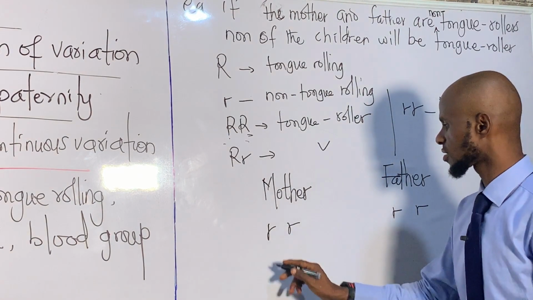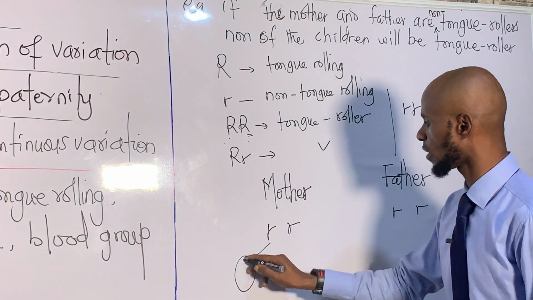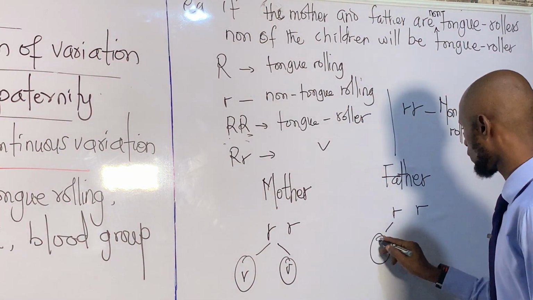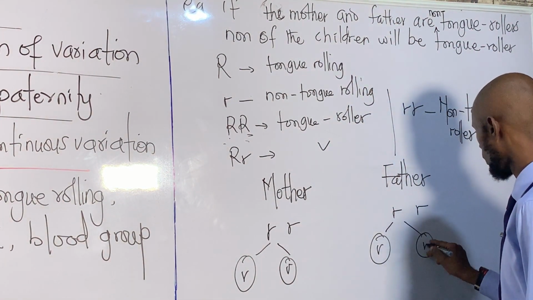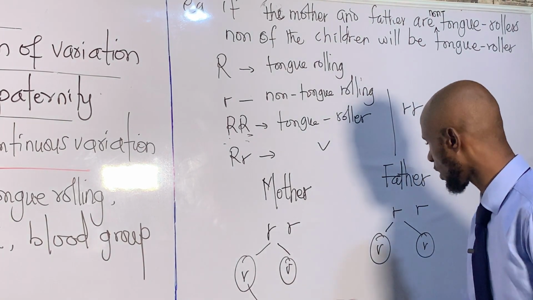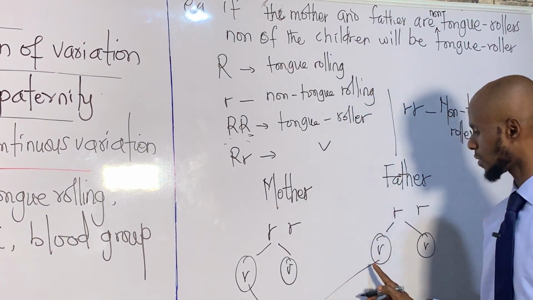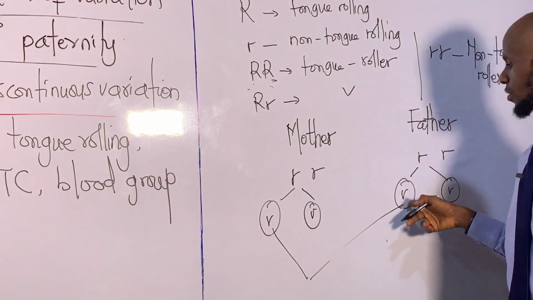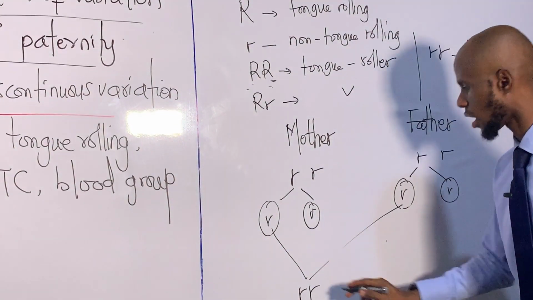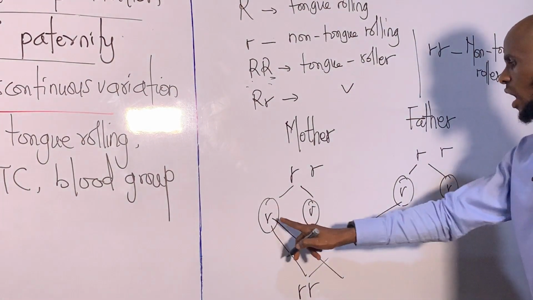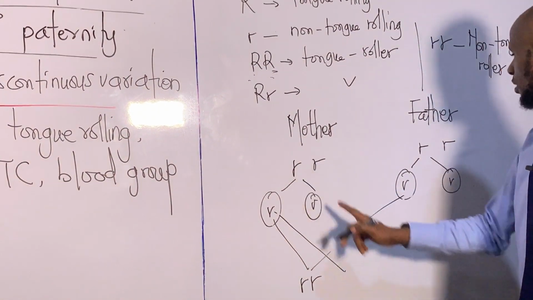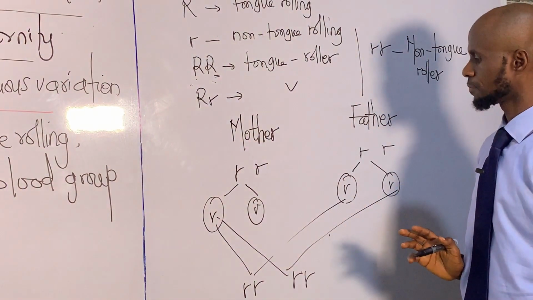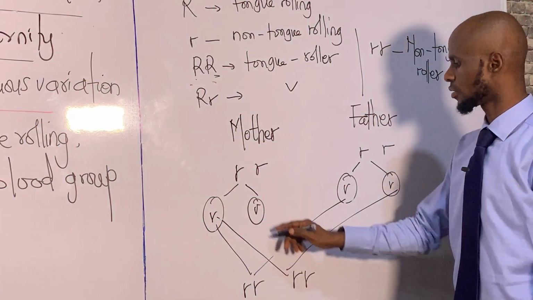Let us separate them into gametes. We have small r, then we have small r. Let's combine them. The first small r of the mother combines with the first small r of the father, giving us small r. Then the first small r of the mother combines with the second small r of the father, giving small r.